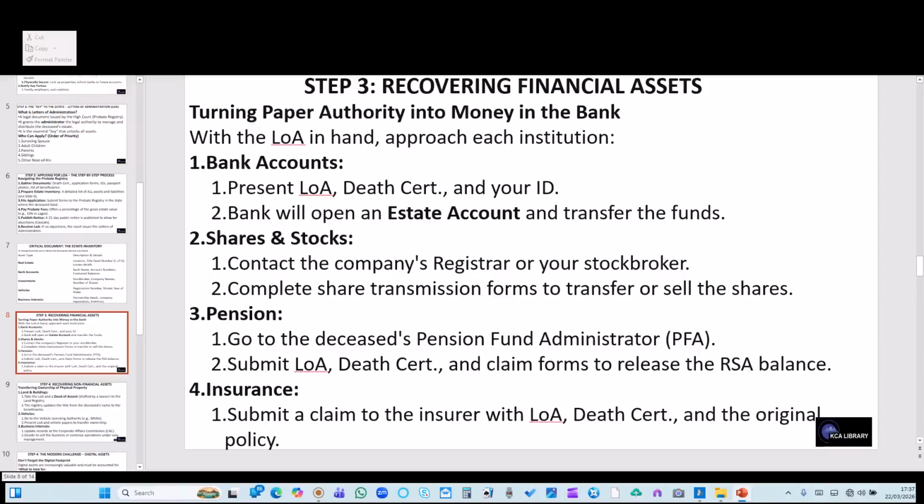The bank will open an estate account and transfer the funds. For shares and stock, contact the company registrar or your stockbroker and complete the share transmission form to transfer or resell the shares. For the pension, go to the deceased's pension fund administrator and submit the letter of administration, death certificate, and claim forms to release the pension balance. For insurance, submit the claim to the insurer with your letter of administration, death certificate, and the original policy.